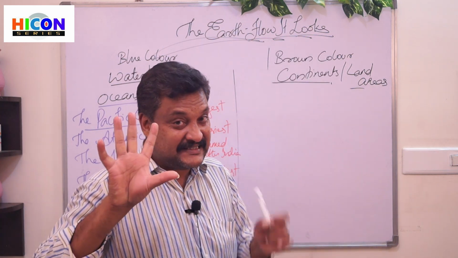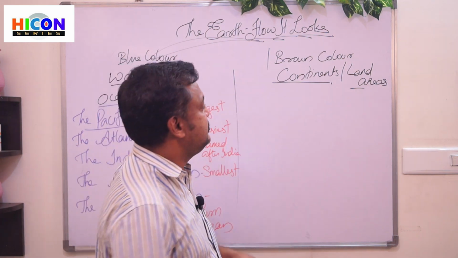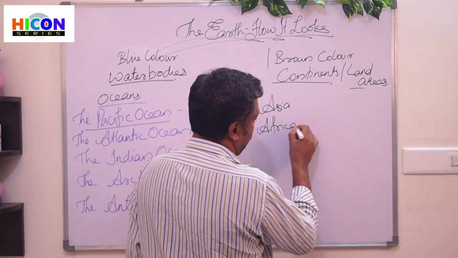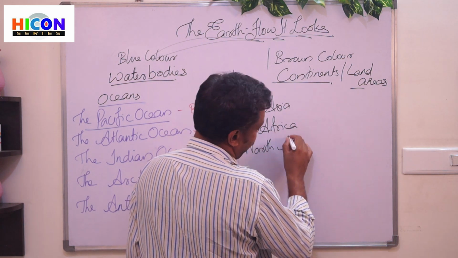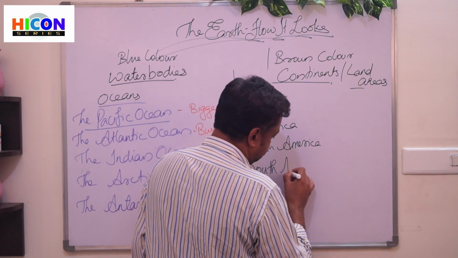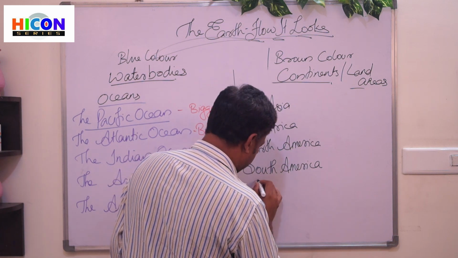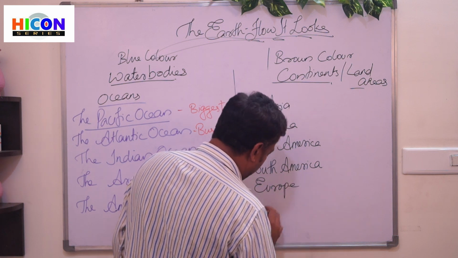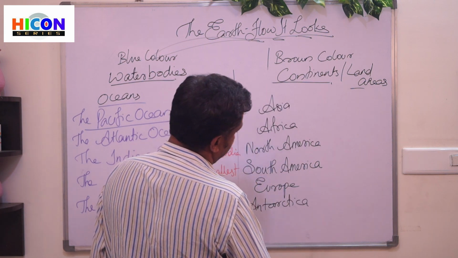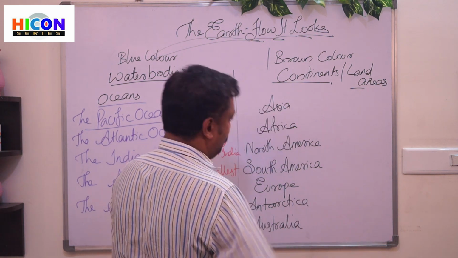We have 7 continents, and they are Asia, Africa, North America, South America, Europe, Antarctica, and Australia.